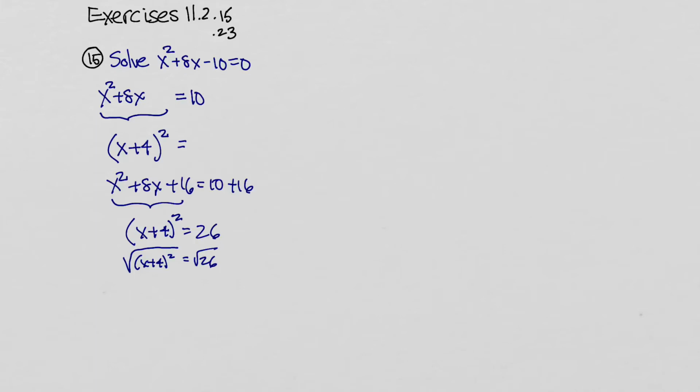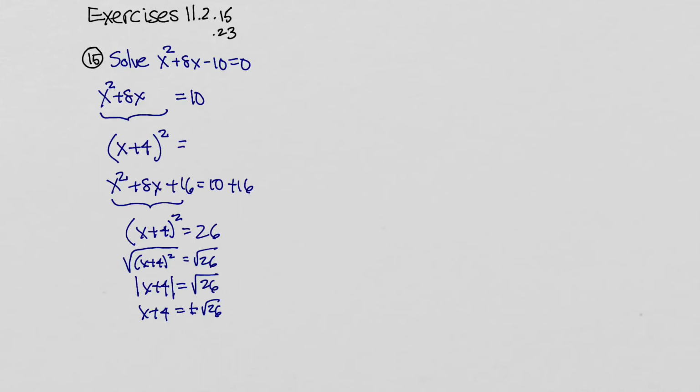And on the left side now, the square root of the square gives us the absolute value of x plus 4 equals, now that 26, I think we're just going to be stuck with that. I don't think we can break that one down anymore, so we'll get square root 26, absolute value there. Now, remove the absolute value. This is where we get plus or minus.